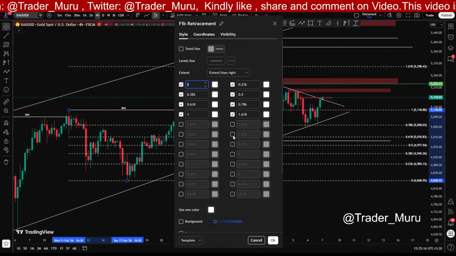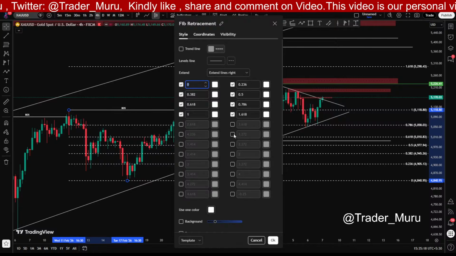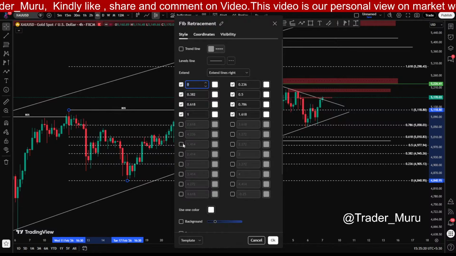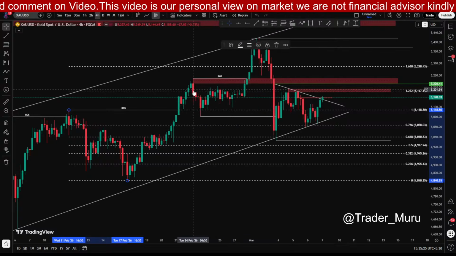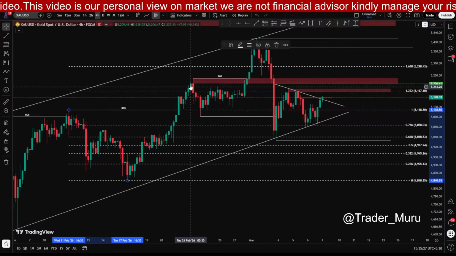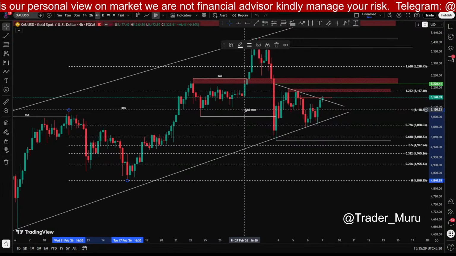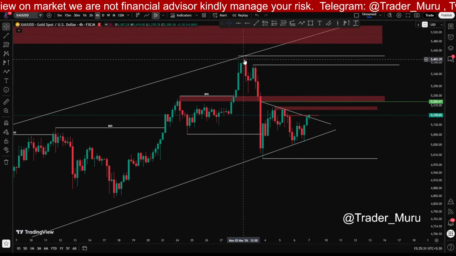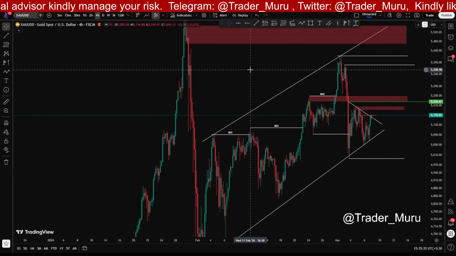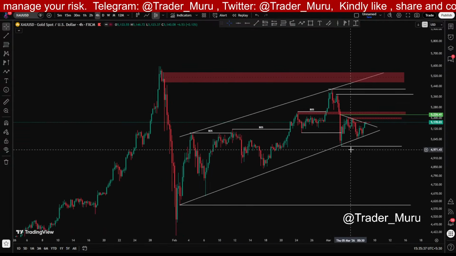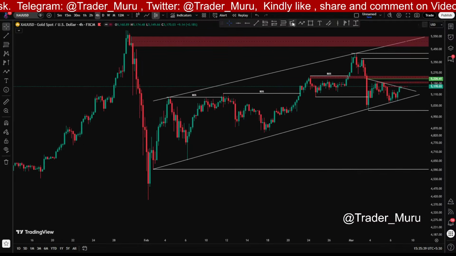Okay, let me add 1.25 area too. So market will hit this area and it will start ranging. Same thing, if market is hitting this area, it will start ranging. Let me show you another example.